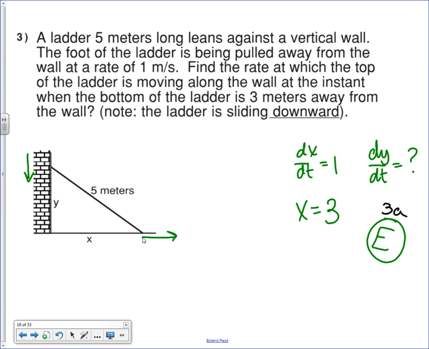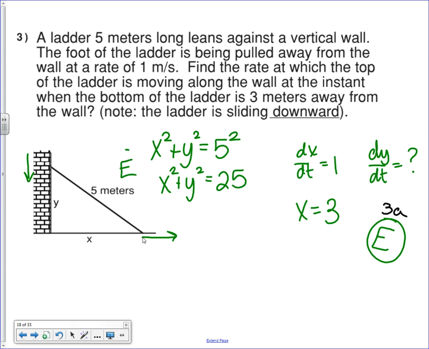Now we are going to use a Pythagorean theorem for our static equation. Please note that the ladder is not changing, so we're going to go ahead and plug in that 5 before we derive it. Okay, so this is your static equation, which is letter E of your choices. Now we're going to go ahead and derive this thing, which would be 2x dx dt plus 2y dy dt equals 0.